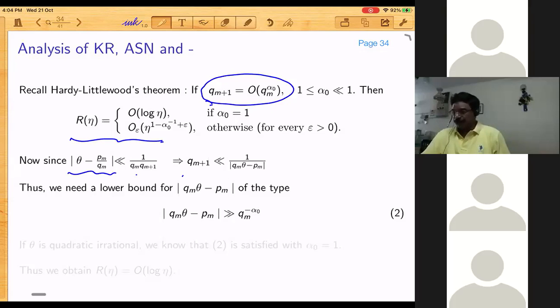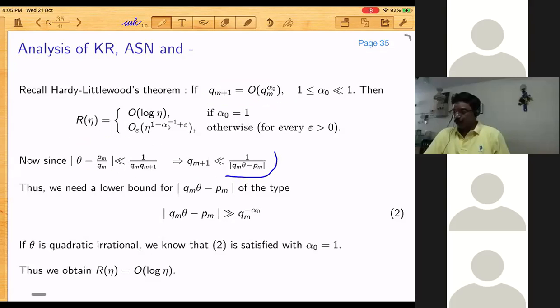Therefore, we need a lower bound for this quantity, a lower bound for Qm theta minus Pm of the type Qm to the power minus alpha naught, so that 1 by Qm theta minus Pm will be less than Qm to the power alpha naught. And then we can use Hardy-Littlewood's.